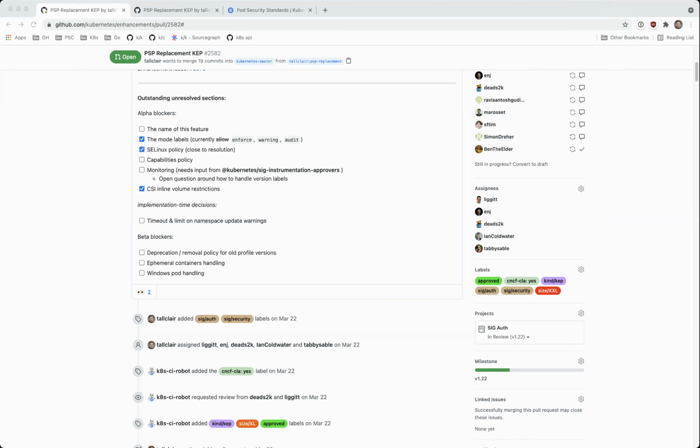The intent is to have the admission plugin safe to enable by default because you have to opt in on the namespace level. So if you take no action, your cluster in a few releases will be protected by this, and you can opt into it on the namespace level. If you, for some reason, don't want this implementation enabled, you have to explicitly disable it.